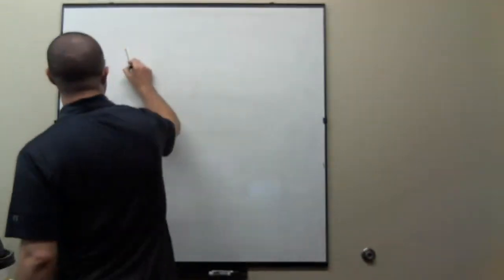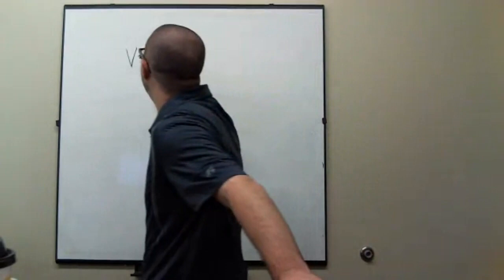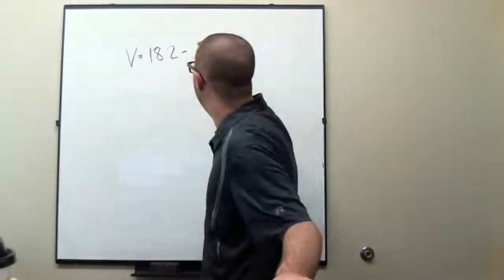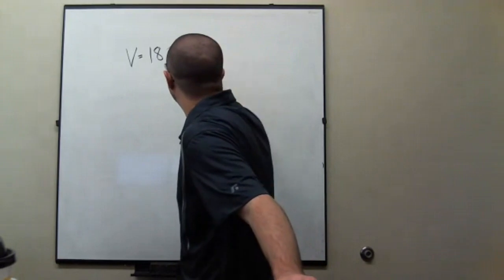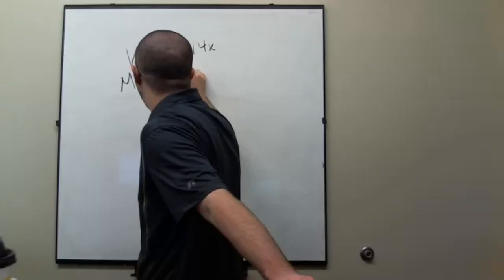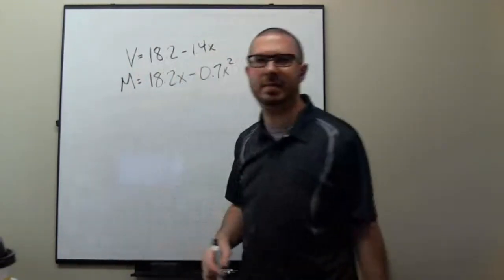So when you did that homework assignment, what you should have gotten is a shear function that looks something like 18.2 minus 1 per x, and then the moment is 18.2x minus 0.7x squared.